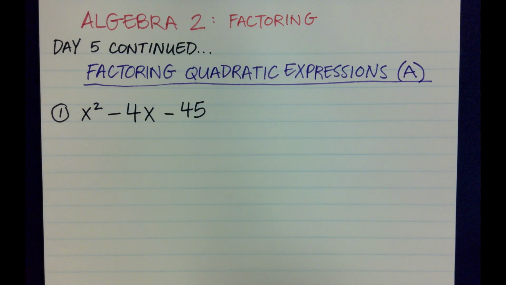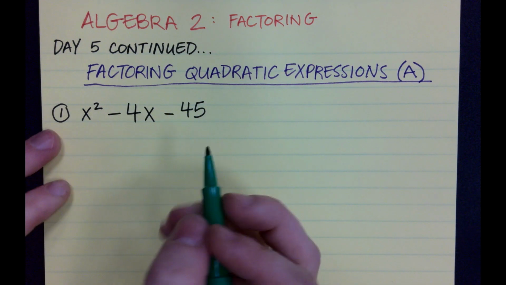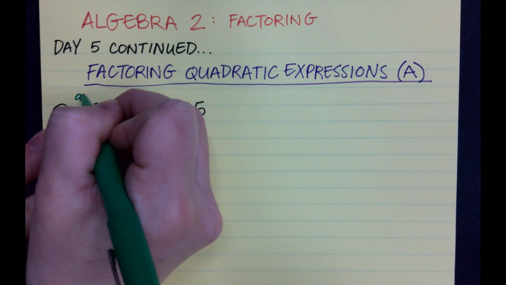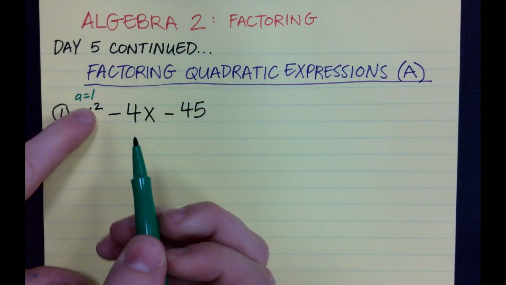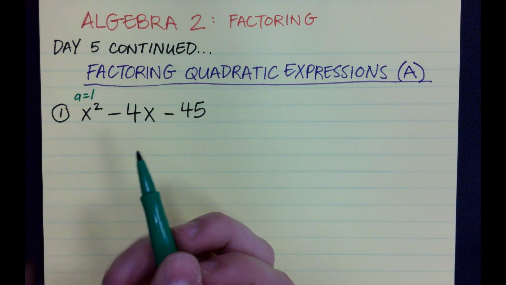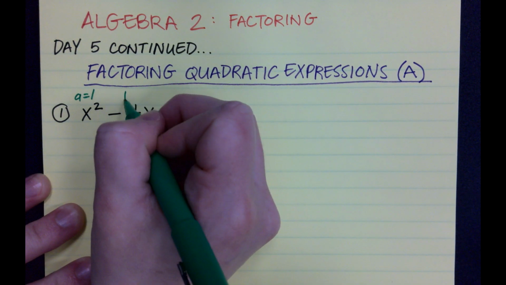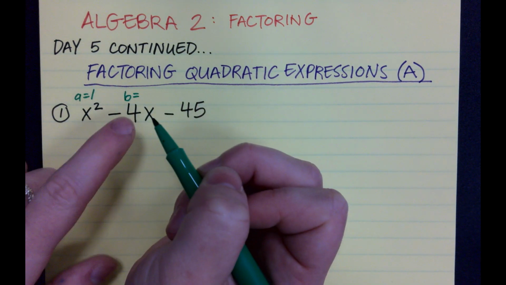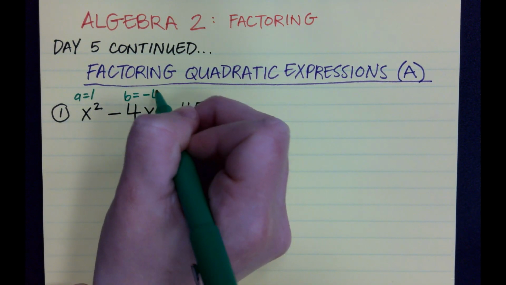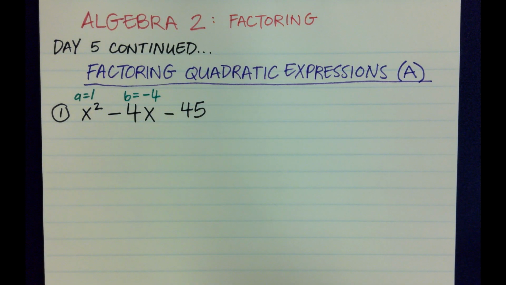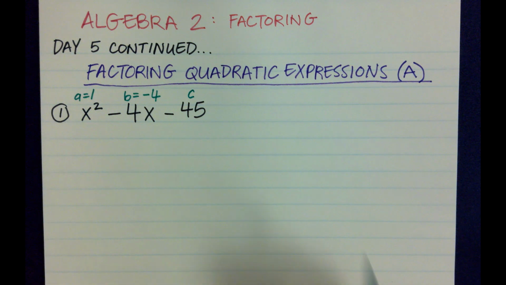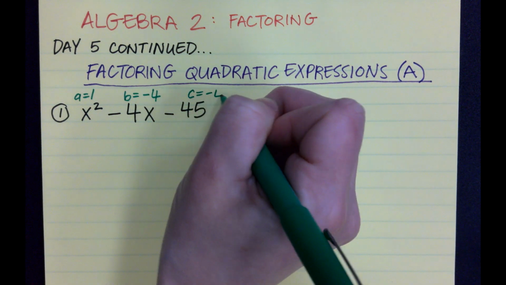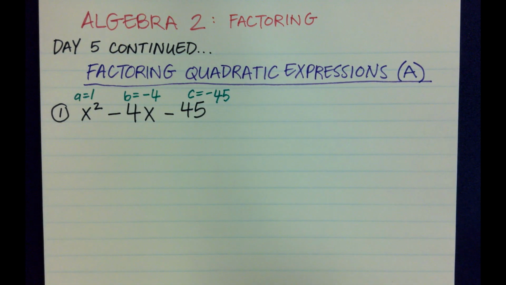First of all, I like to label my A, B, and C. So my A is what? 1. There's an invisible 1 next to x squared. What's my B? Negative 4. And what's C? Negative 45.